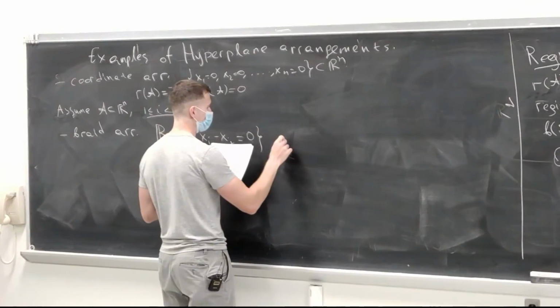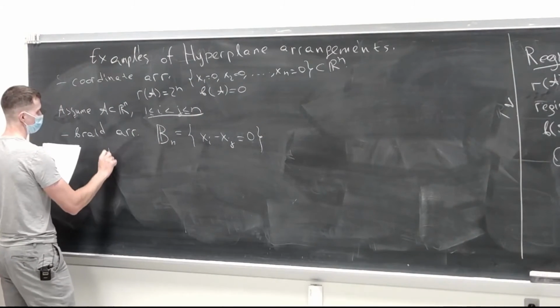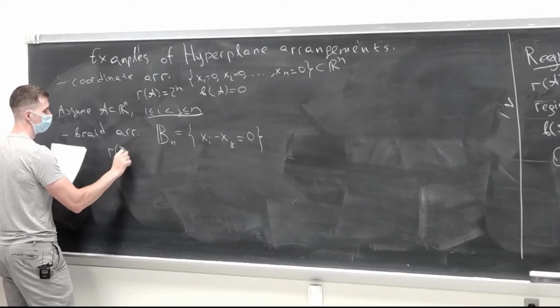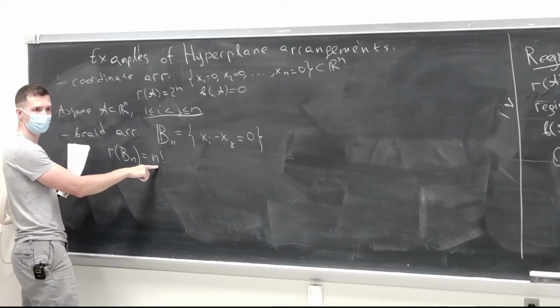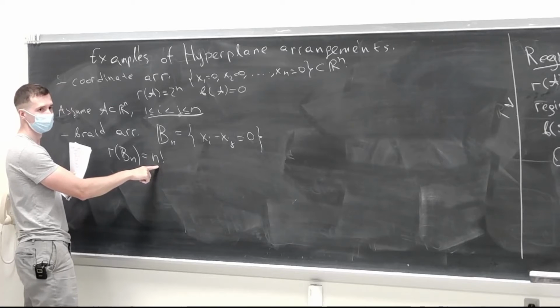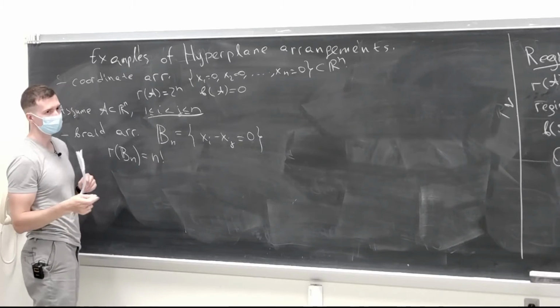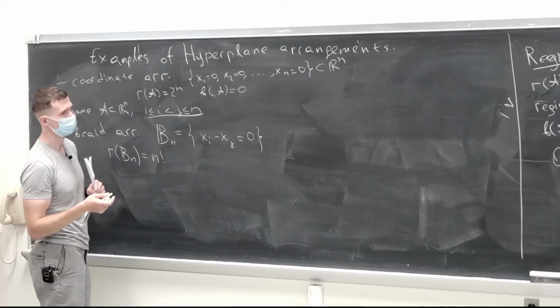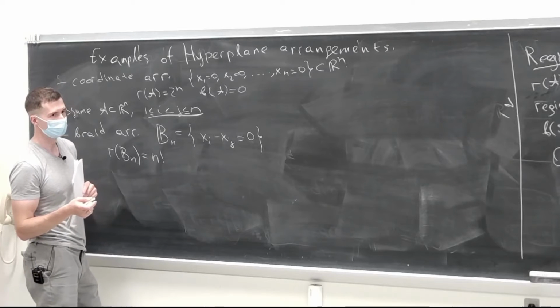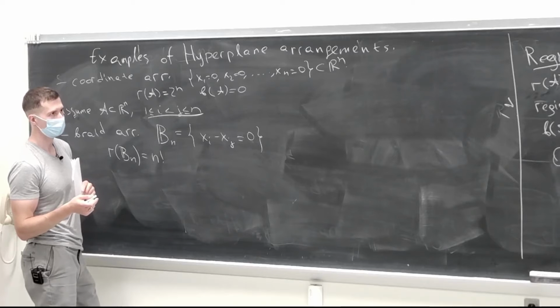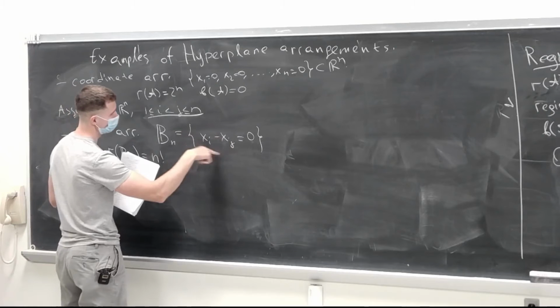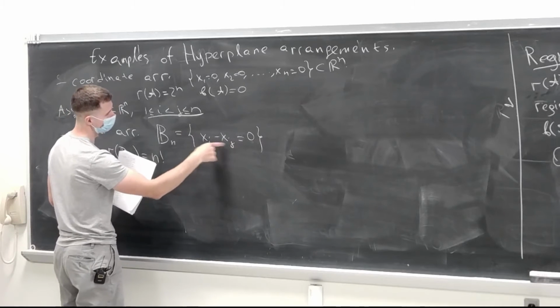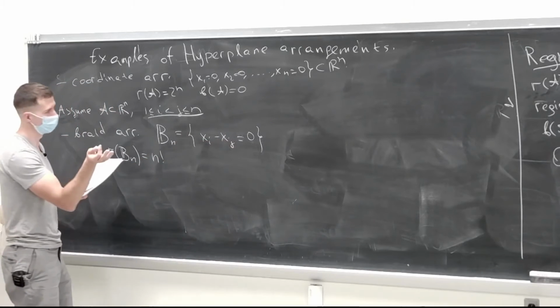Okay, what's the number of regions? N factorial. Interesting. Why n factorial? Basically, in each region, the coordinates are all different, and they're labeled by permutations.